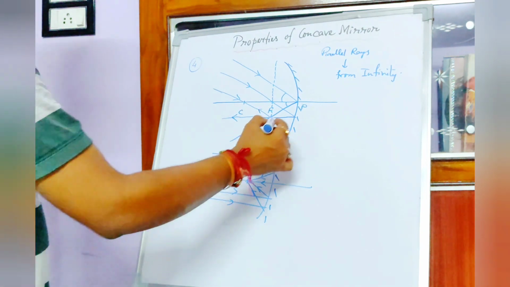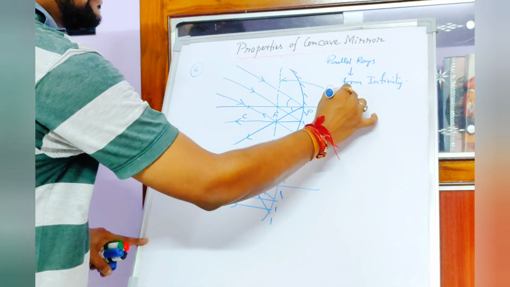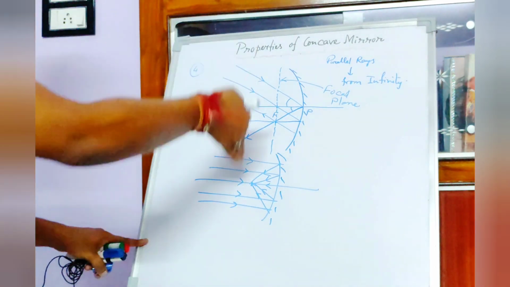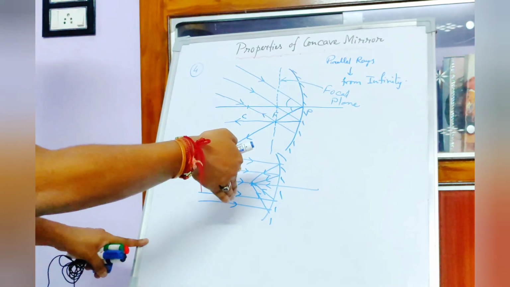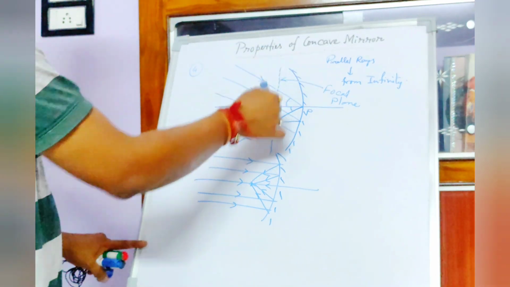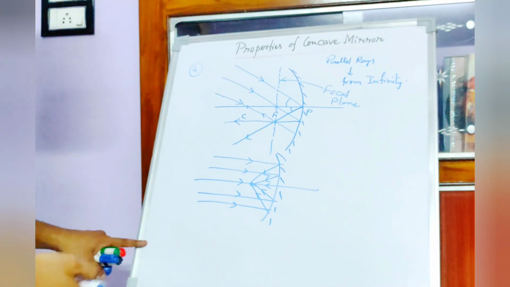Focal plane का मतलब होता है, this is called a focal plane. A focal plane means a plane or screen: if I keep a screen at the focus, then they will fall on the focal plane. They are not meeting exactly at the focus but at the focal plane.